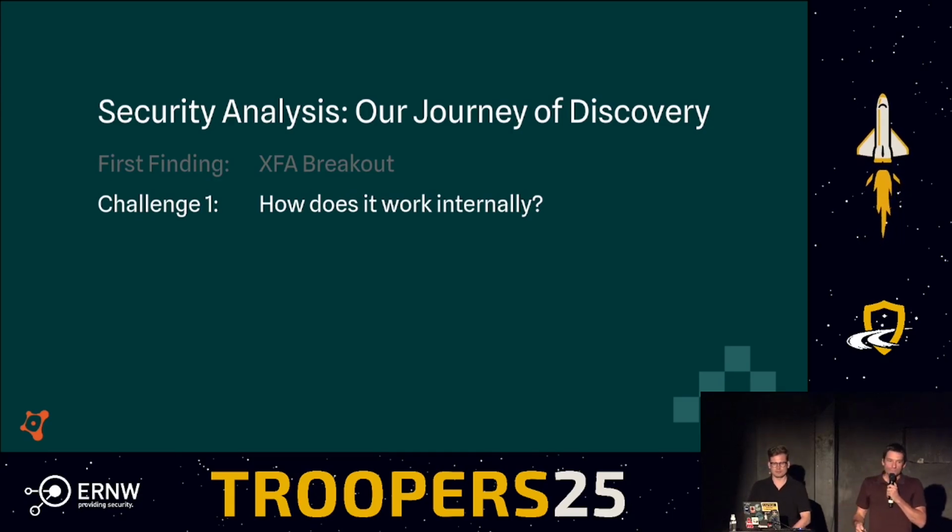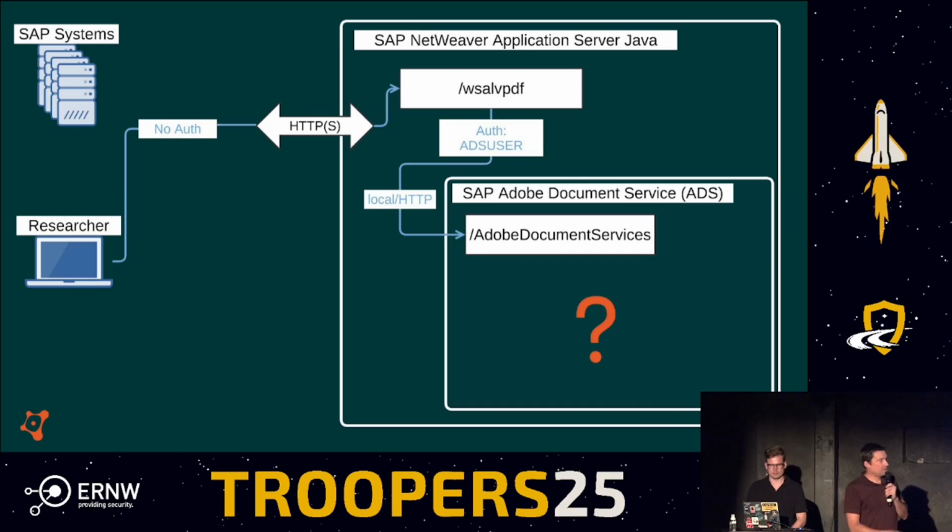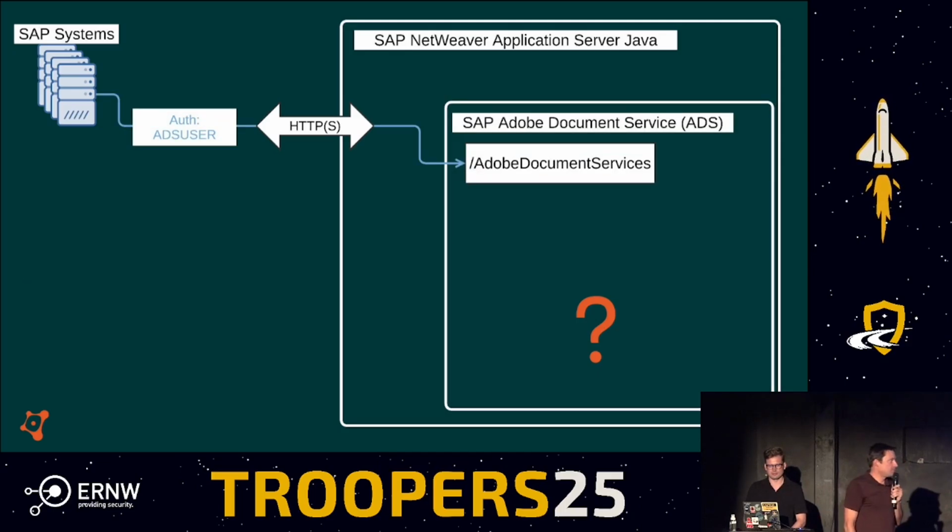All right. Now the first challenge is how ADS works. Currently we send something, okay, it's XML, but inside the ADS box, it's magic for us. The second thing is, if you are connected to the system, we also find a lot of function modules to test ADS.